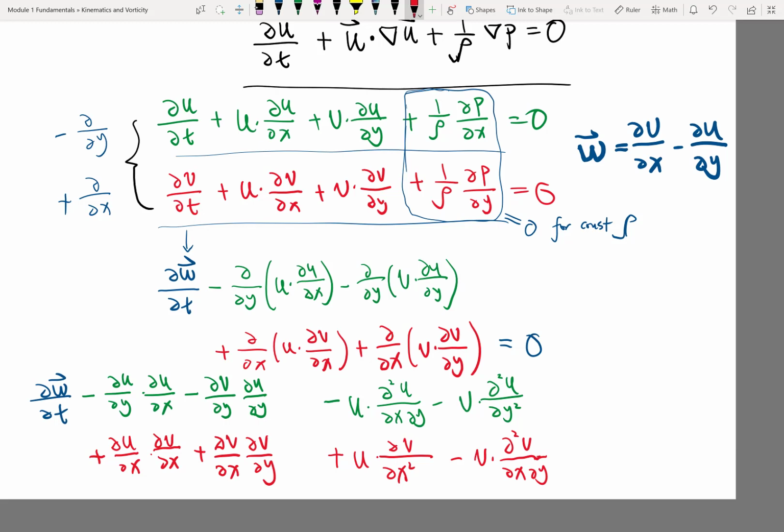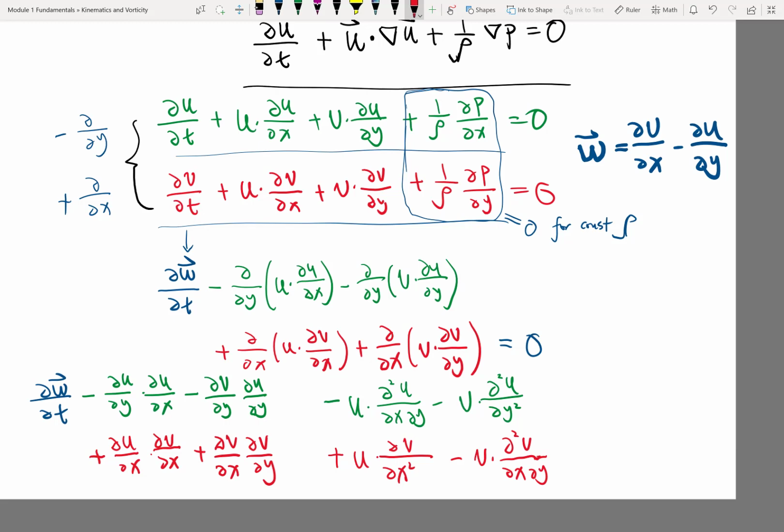The other term is dv/dx minus du/dy. What is that? Vorticity, right? So again, we are assuming vorticity is equal to 0 to start with. Then this term becomes 0. Of course, we can write it as du/dx times vorticity, but if vorticity is 0, then the contribution of this is going to be 0.